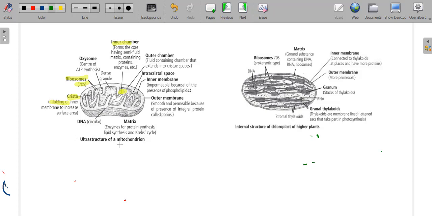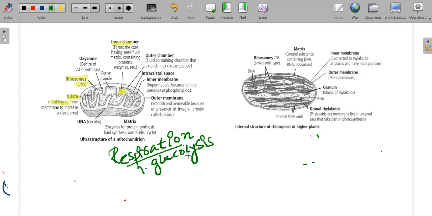It involves a process called respiration. The respiration is a two-step process in most of the organisms. In the first step, the organisms are going to break down the glucose. The breaking down of glucose is called glycolysis, and it happens in the cytoplasm of the cells.